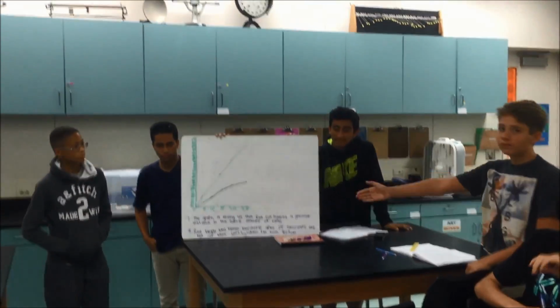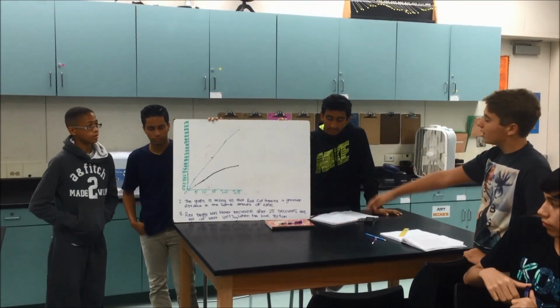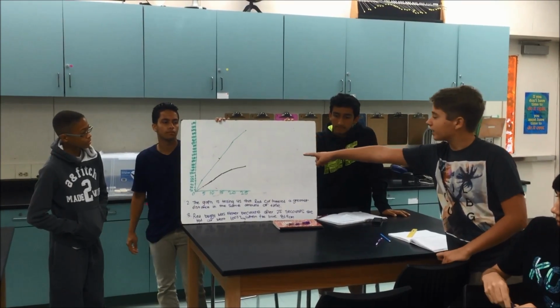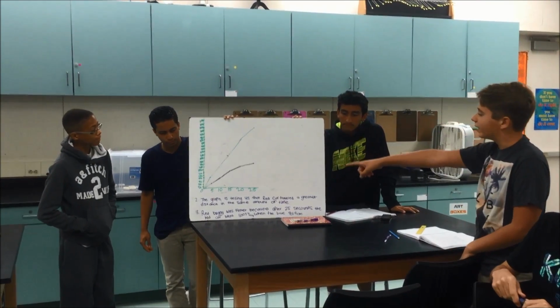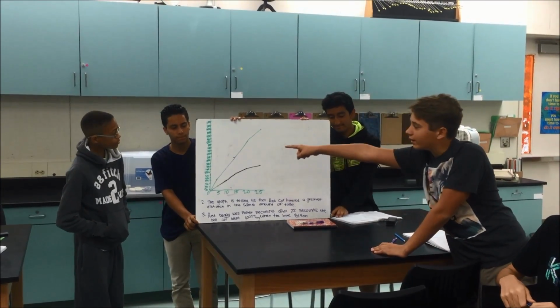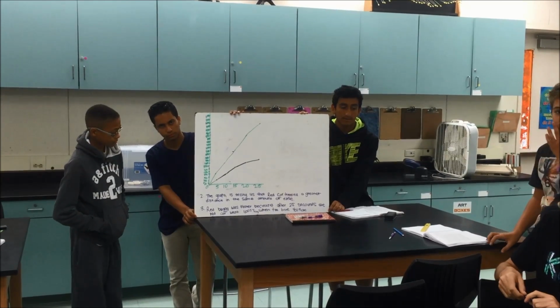Well, we're doing the buggy lab. We didn't have time to label our graph or anything, so we're doing the buggy lab, and the green is the red car, and then the black is the blue car, and down there is the time in seconds, and over there is the distance in meters or centimeters.